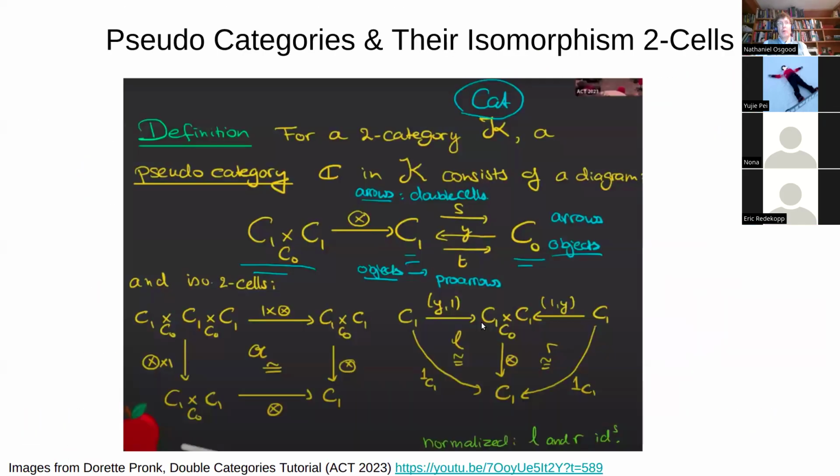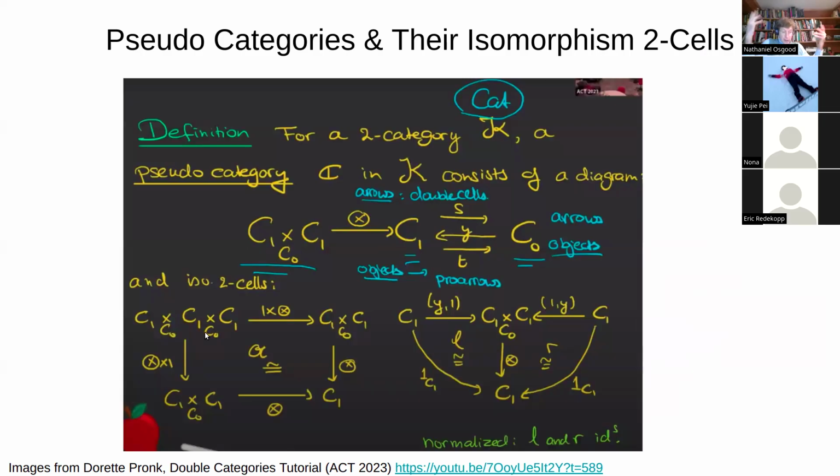Okay. Now it turns out these functors here are not on the nose with respect to associativity and with respect to unitality. What this means, a fancy term, is that they're not exactly associative.